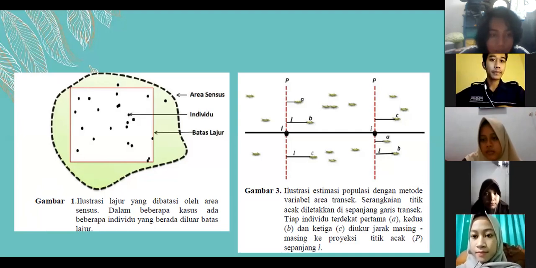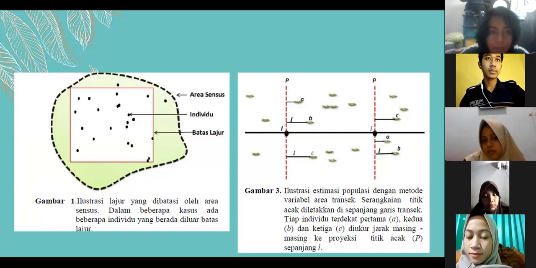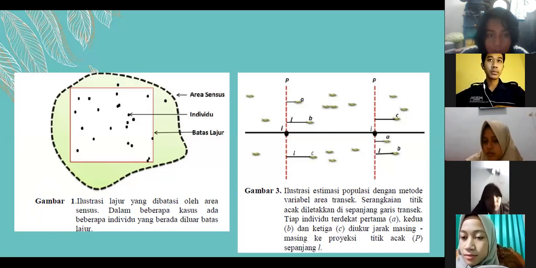From picture number 1, we can illustrate determining the sample points of the observation location. The trees used as samples are marked with black dots. Picture number 3 illustrates the population estimation using the transect area or variable method. A series of random points are placed alongside the transect area.